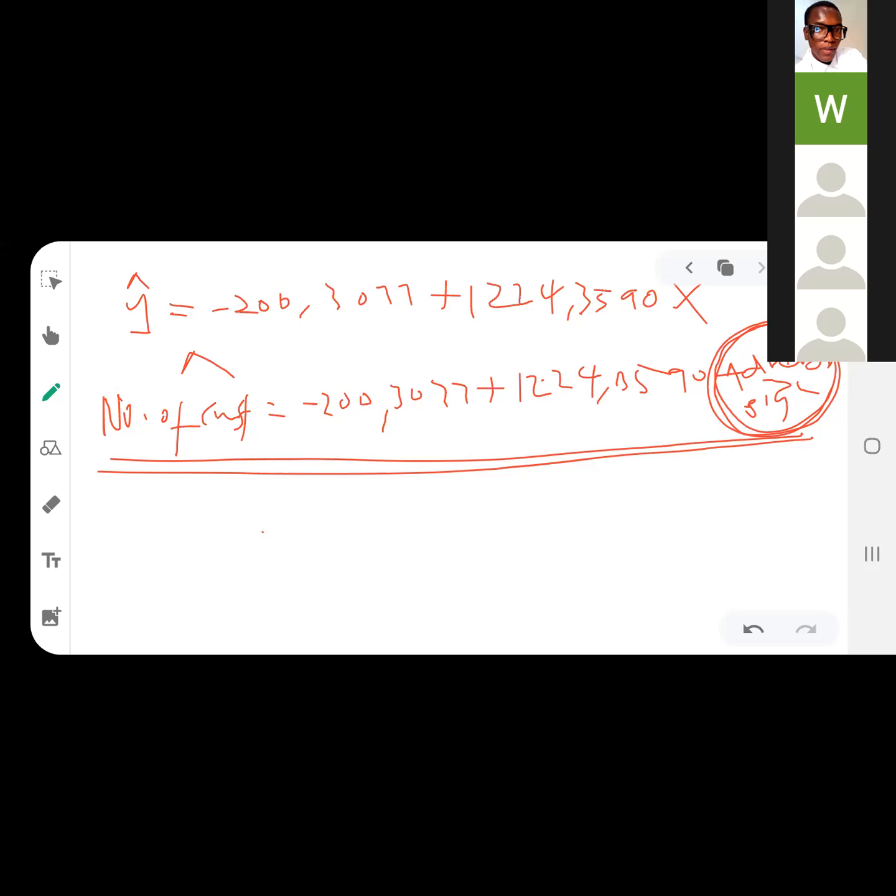So at the end, you will have negative 200.3077 plus 1224.3590 multiplied by 1.8. And then you punch your calculator, you get the answer. So that will be the estimated number of customers if the area of advertising sign is 1.8.